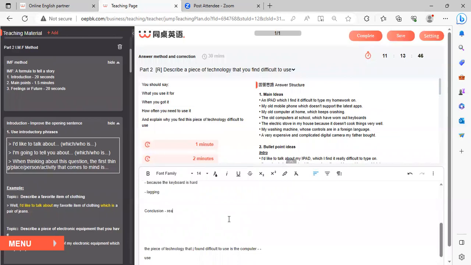A realization. Realization about this, just keywords, okay? The realization that I need to replace it.